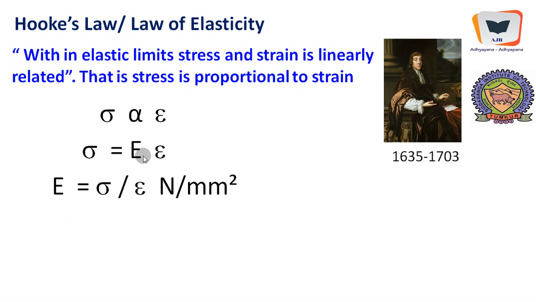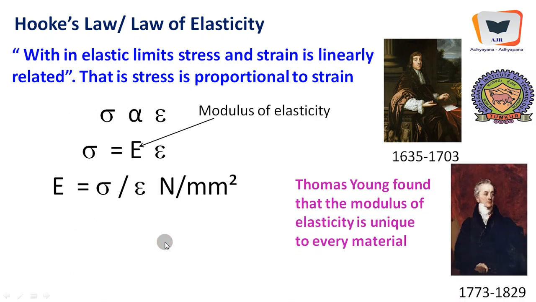That is, if modulus of elasticity is more, the material will be more elastic. If it is less, it will be less elastic. And since stress is expressed in Newton per millimeter square, strain is a unitless parameter. Therefore, even modulus of elasticity will also have the same units as that of stress. And this is modulus of elasticity.